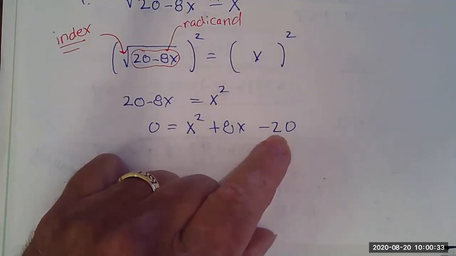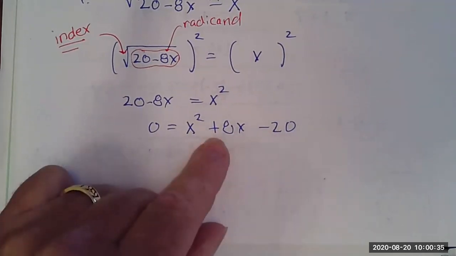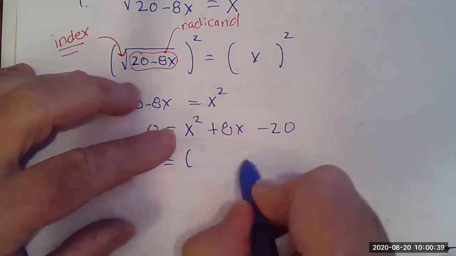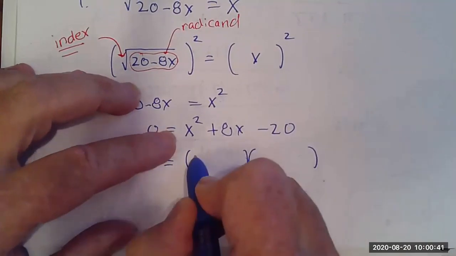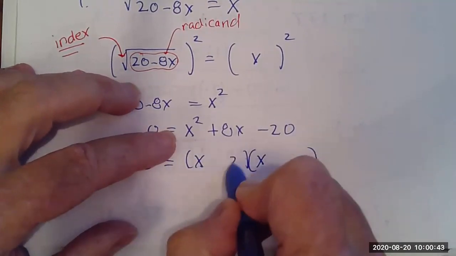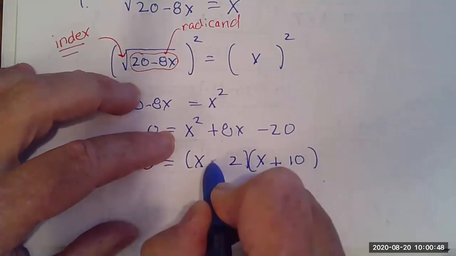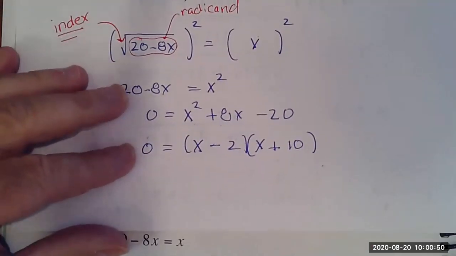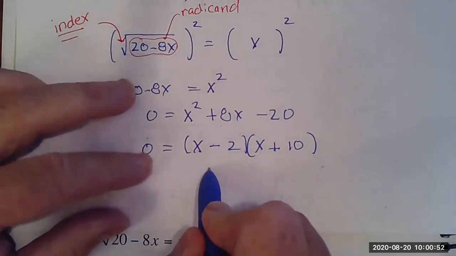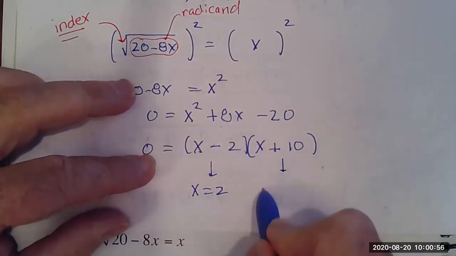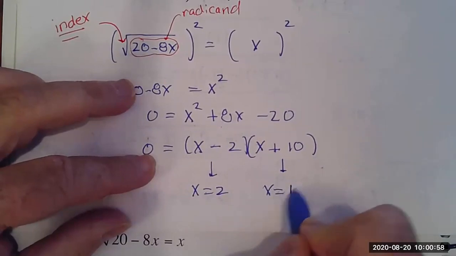So I'm going to try it. Factor x, 2, 10 to give me positive 8. That has to be a positive. That's a negative. Solve this, you'll end up with x equals 2. Solve this, this is x equals negative 10.